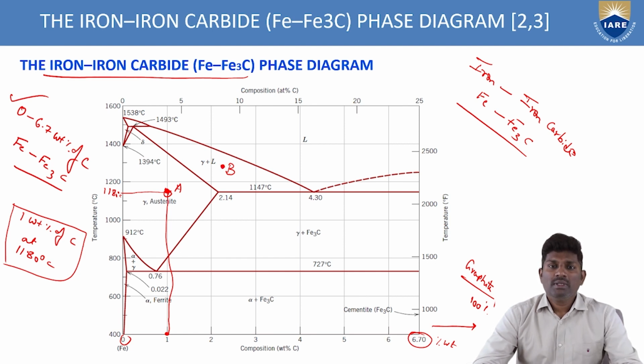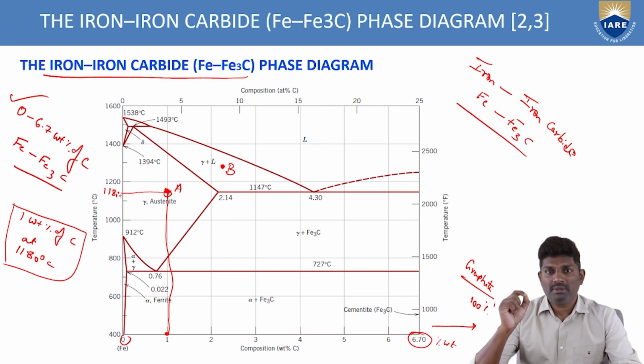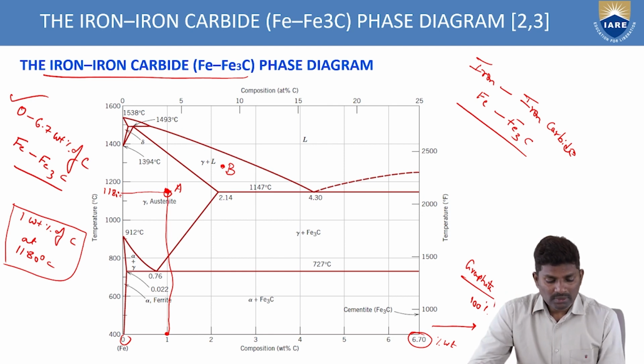This point B is in a double phase, is it not? So double phase means we have to use a tie line method, and this tie line has to be drawn between the two phases, passing through the point. So I have to take a line which connects these two phases, and connects the point B. So I am tying a line at these two points.